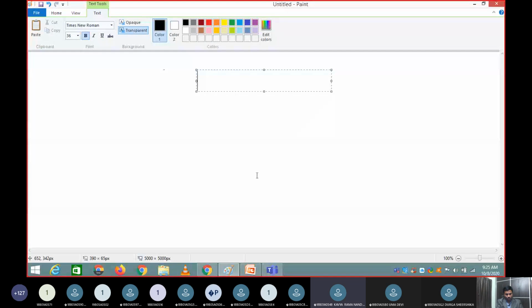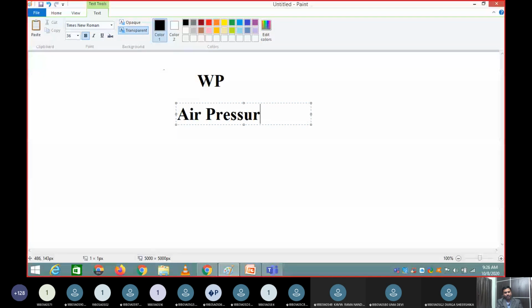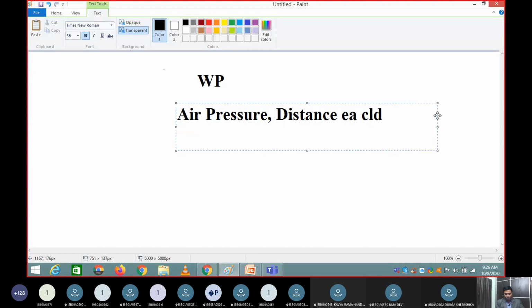Your weather prediction depends upon various static parameters, very important parameters like air pressure, and the distance between the earth and the nearest cloud. Apart from that, you can take some input as precipitation and many other inputs.